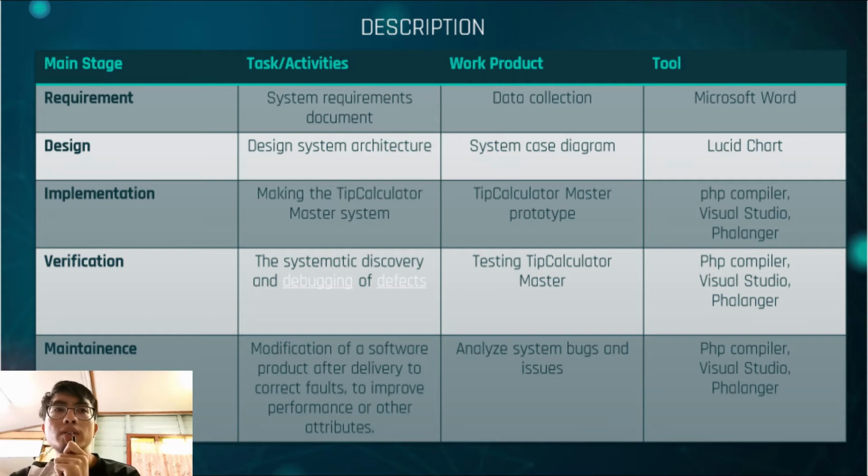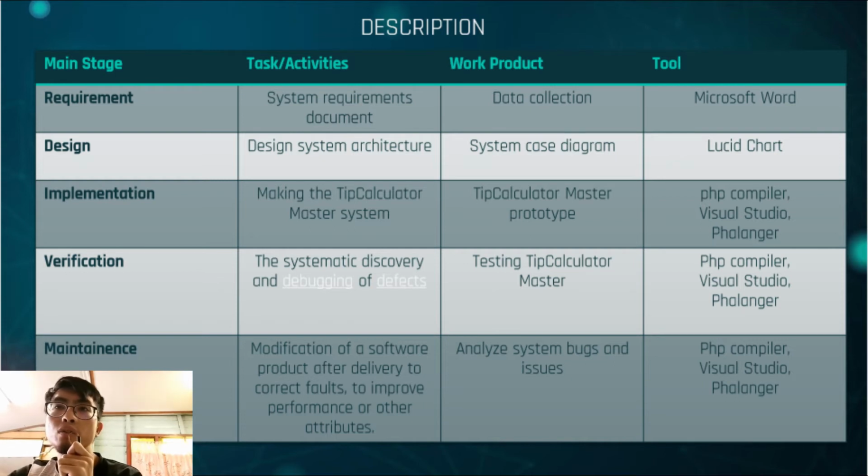The second one is design, where we design the system architecture by making a system use case diagram using the Lucidchart application. Next, the third one is implementation, where in this section we make the tip calculator system. The work product, of course, is the tip calculator prototype.